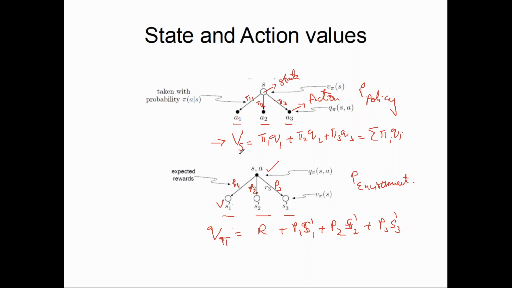That means when it comes to our state value function, no such immediate reward is received, but you translate from a state to an action. But when you take an action, you have a reward plus the state value.